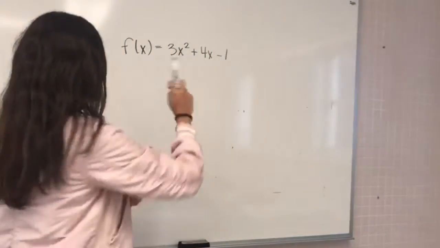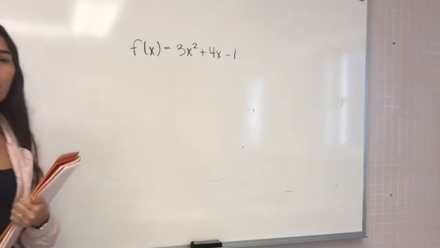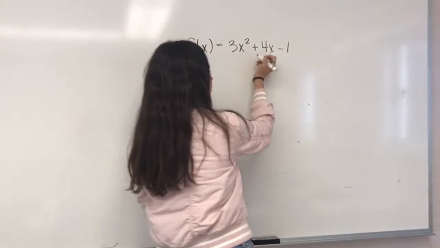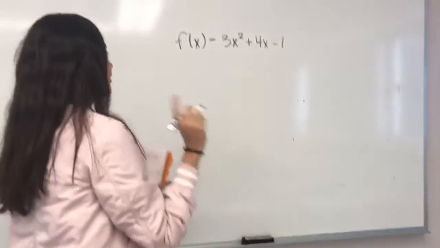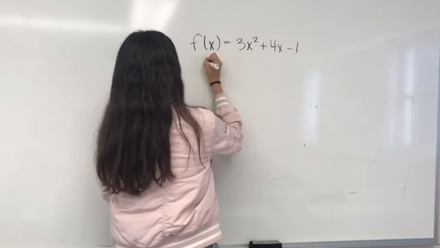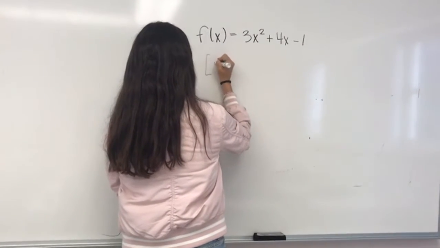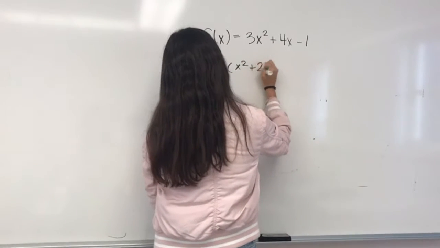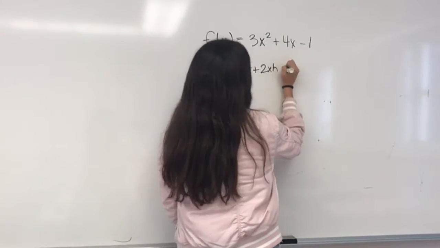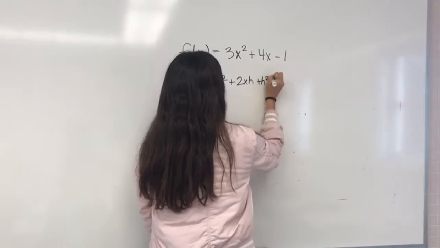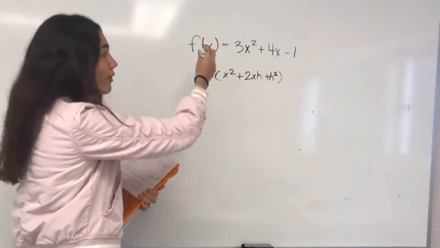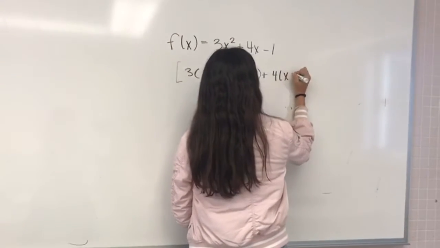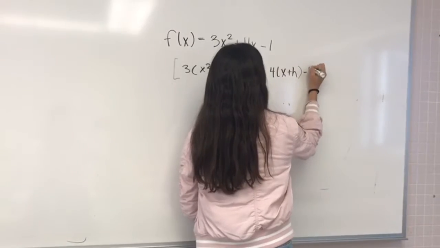Okay, so in this problem, we're going to find the derivative by definition. Our problem is f of x equals 3x squared plus 4x minus 1. Our first step will be to plug in f of x plus h. So you do 3 times x squared plus 2xh plus h squared, close parentheses, and then we have the 4 times x plus h, minus 1.